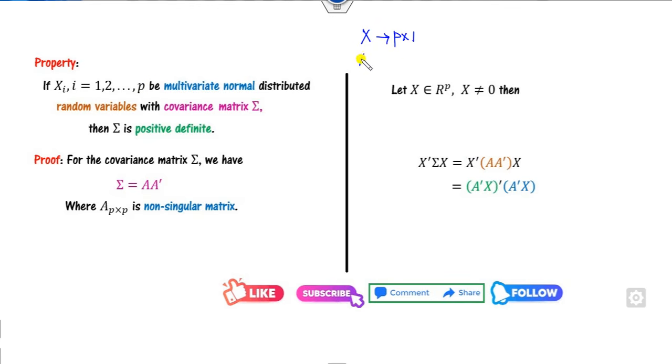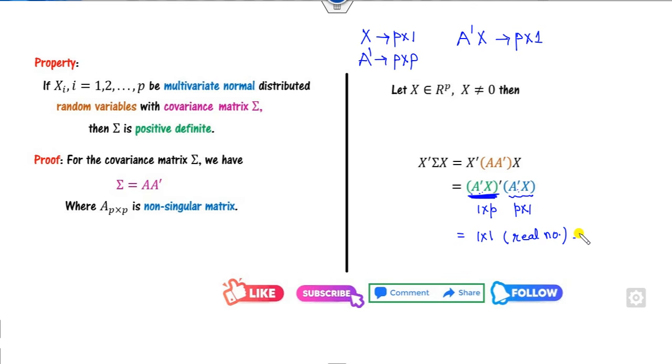What is A transpose? It is p cross p. What is the size of A transpose x? If you multiply them, it will be p cross 1. Clear? Now what is the dimension of the transpose of this? It will be 1 cross p. And the other is p cross 1. So if you multiply them, this is 1 cross 1, that is my real number.